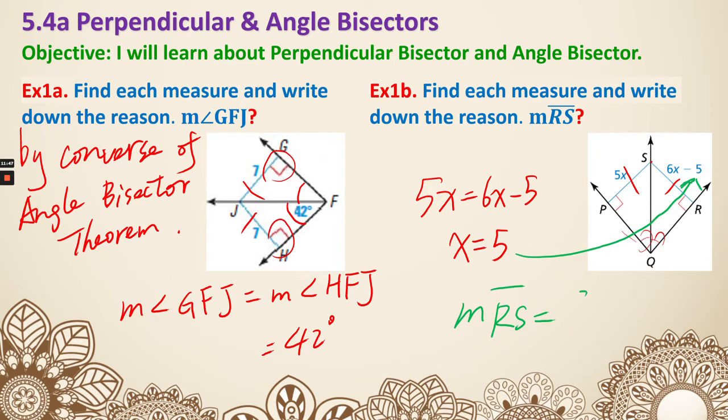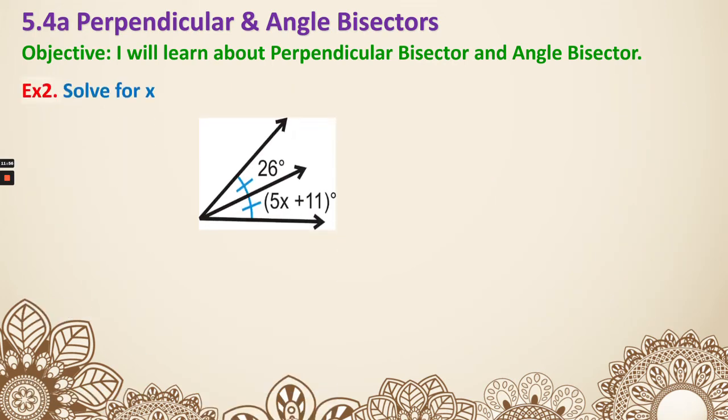So 5 times 6 minus 5, that gives us 25, which is the measurement of RS. Next, example 2. That indicates that they are the same angle, so 26 equals 5x plus 11. And after solving, that will give us x equals 3.